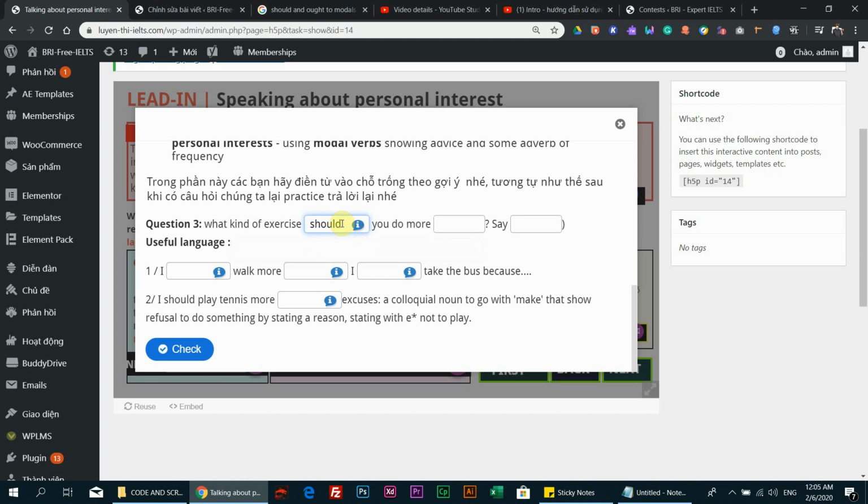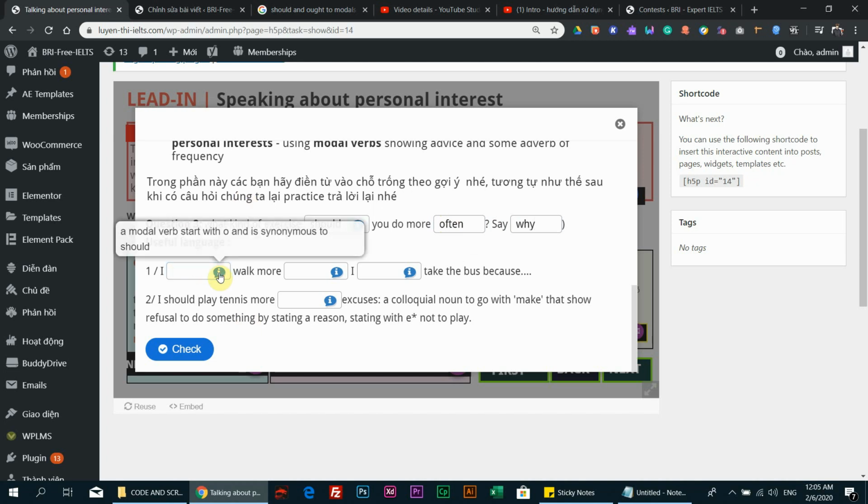Alright, what kind of exercise should you do more? Okay, so here it's weird because I have put up the hint here, but I don't know why it didn't appear here. Okay, do you do more often? And also say why. I hope.